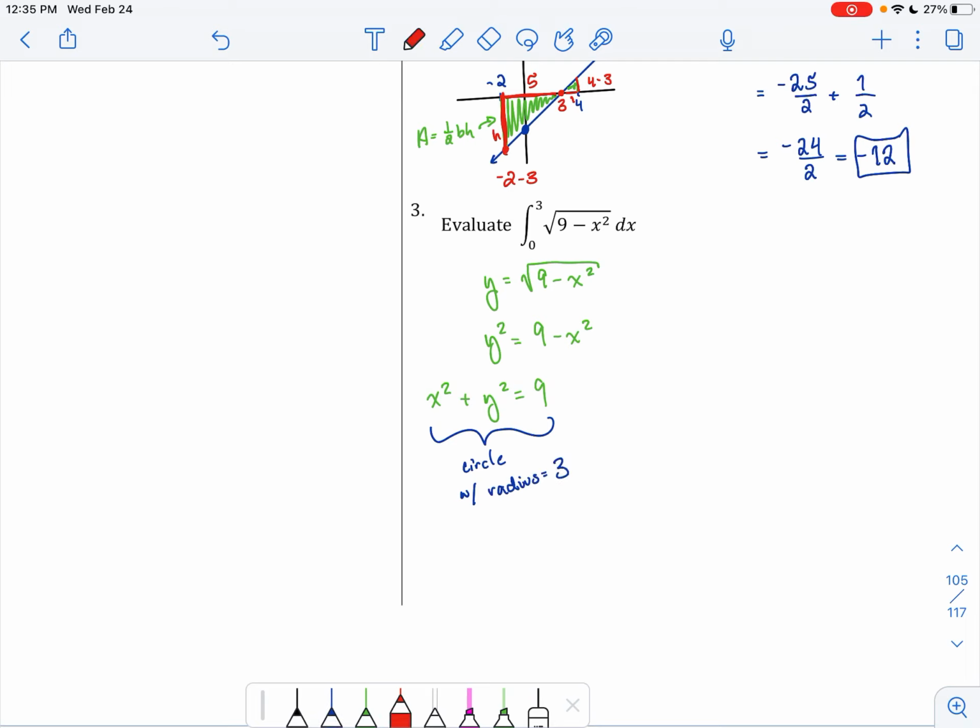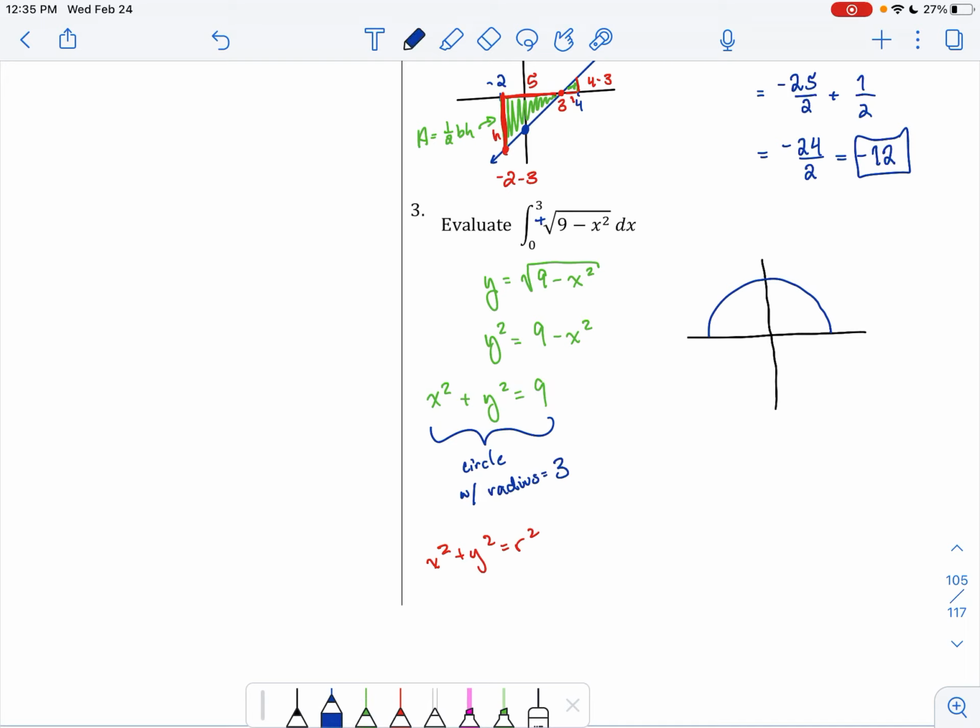3, because remember, circles centered at 0 are x squared plus y squared equals r squared. That's going to be a circle now, and we absolutely know a formula to find the area of a circle. So we can graph this out. Since it's only the positive root here, we're only dealing with the positive arc of the circle.